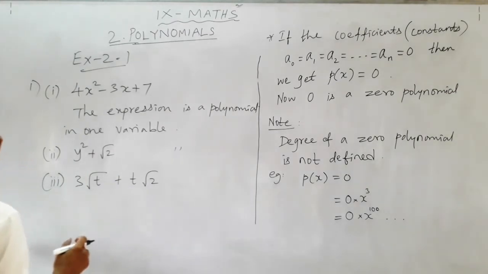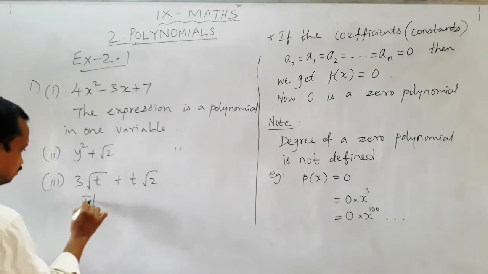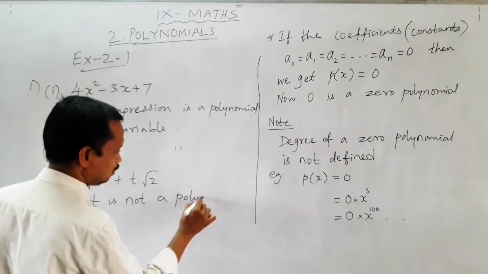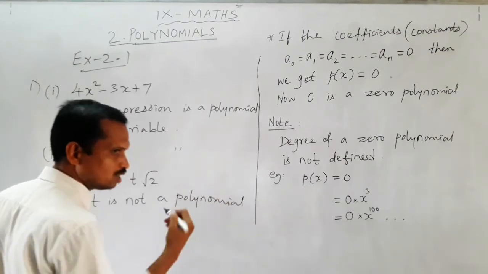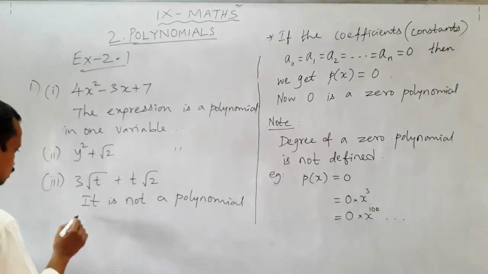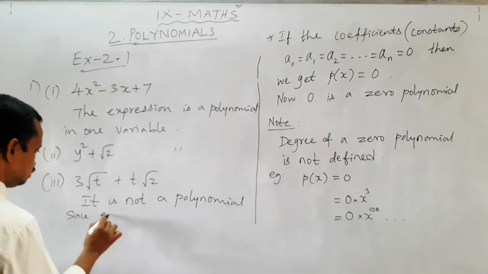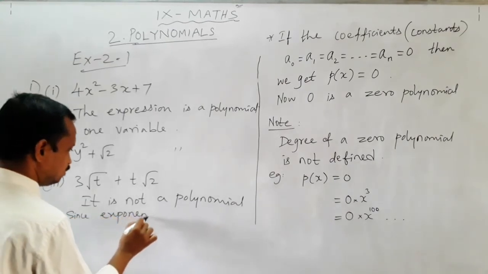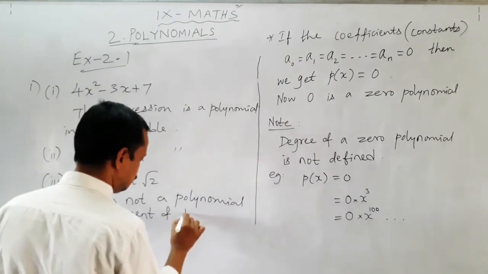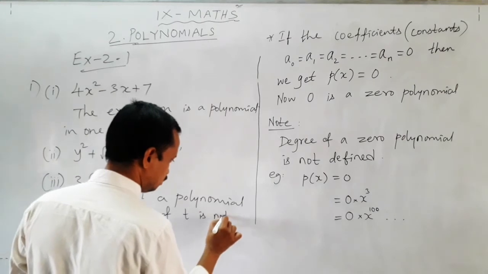So it is not a polynomial, first of all. If it is a polynomial, then only we can say whether it is in one variable or not. But if it is not a polynomial, since the exponent of the variable t is not a whole number. t means what?